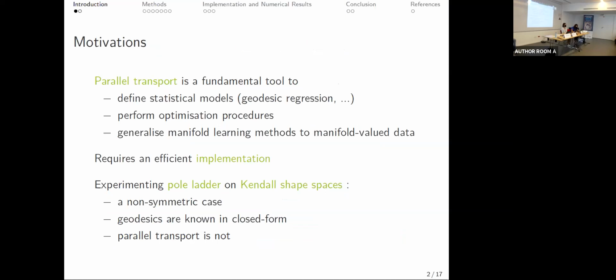For an optimization procedure, what we require is also an efficient implementation of this parallel transport. So we got interested in these Kendall shaped spaces, but it was also the occasion to experiment a bit more with the Pole ladder method on a non-symmetric case, where we have exactly everything required from the method, that is, the geodesics are known, but not the parallel transport.